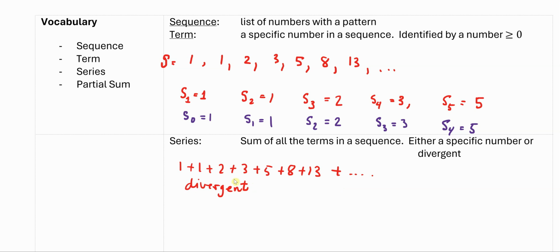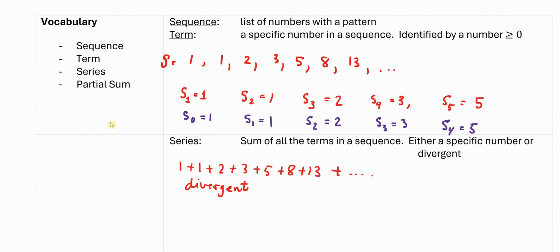It's important to make the distinction between a sequence being divergent or finite and a series being divergent. Those are not always in lockstep with each other. There's not a one-to-one correspondence between them. So that's what a series is.